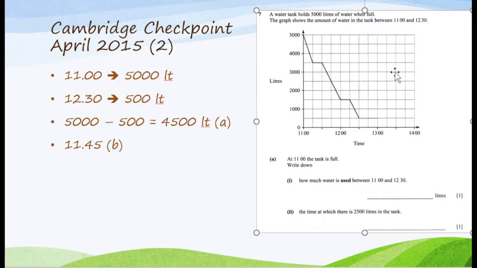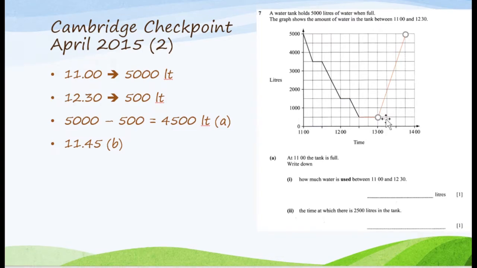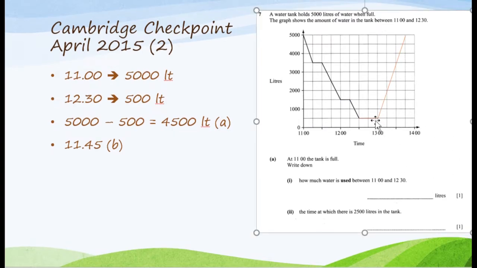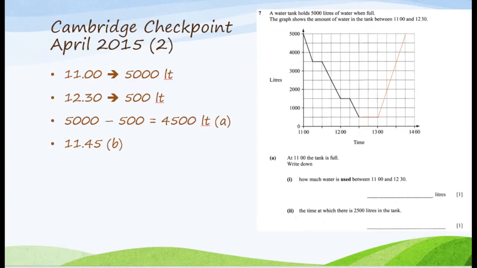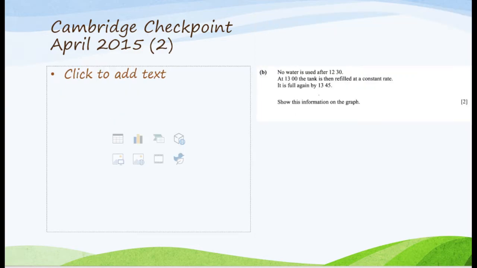And the speed is constant on refilling the water, right? So the way you draw it, it will be a straight line from here to here. Look, it shows the water level going up until it is full at 13:45. So that's how to draw the graph for question B.